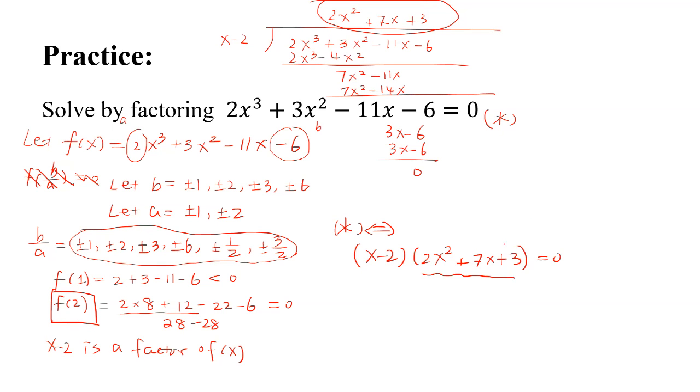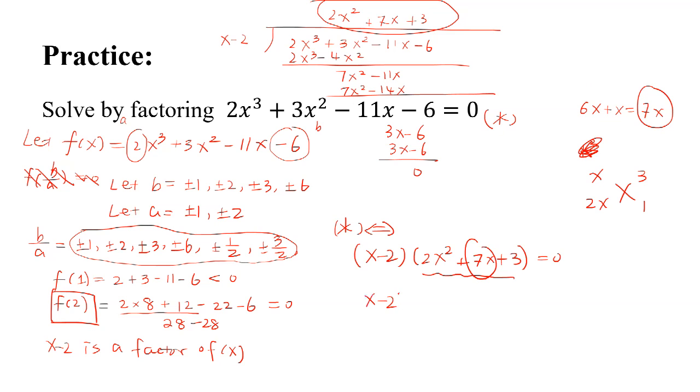So asterisk is equivalent to (x minus 2) times (2x squared plus 7x plus 3) equals 0, right? And let's see if this can be factored further. So 2x squared can be factored to x times 2x. And 3 can be factored to 3 by 1. And by cross product, 6x plus x is 7x, which is the term in the middle, right?